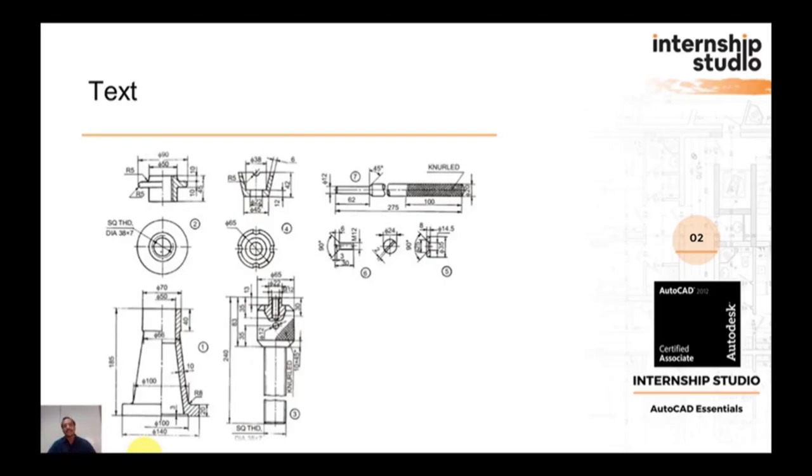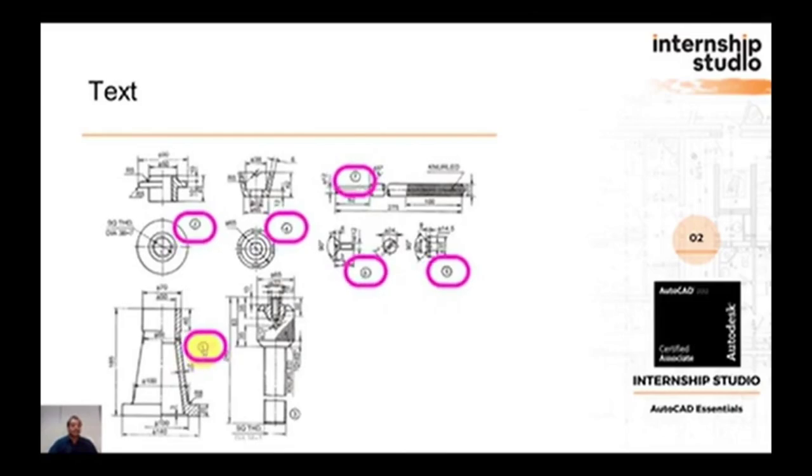Why is it needed? You can see some diagrams of mechanical parts. The drawings in two dimensions and the related information are given as dimensions. Apart from this, we need to give some more information so that the purpose of the drawing gets complete. You may see here number 1, number 2, number 3, number 4. What does it mean? It gives information about the particular drawing.